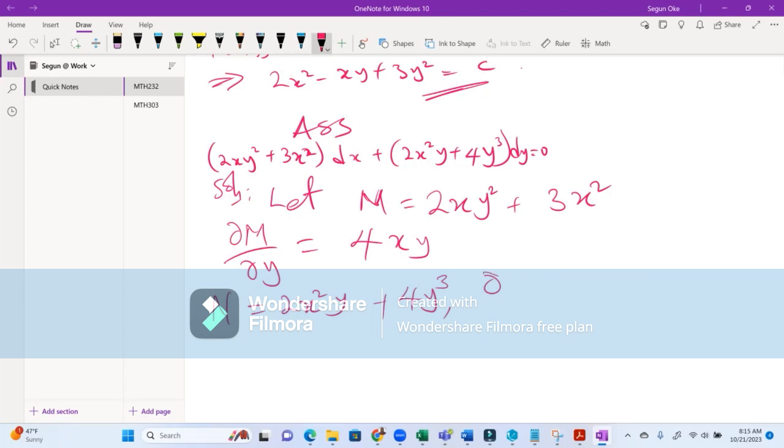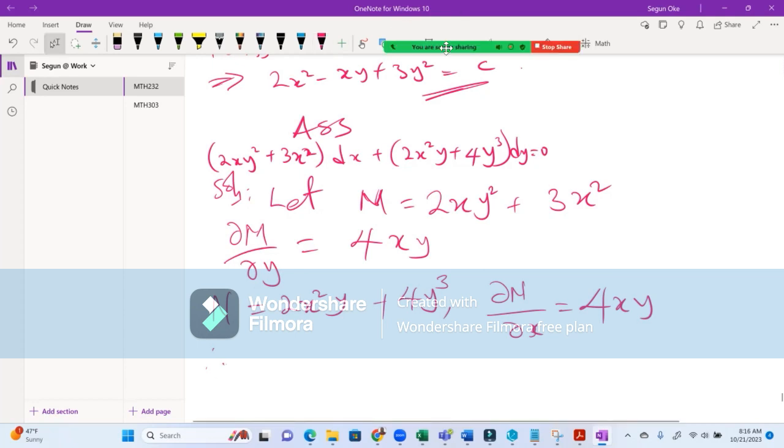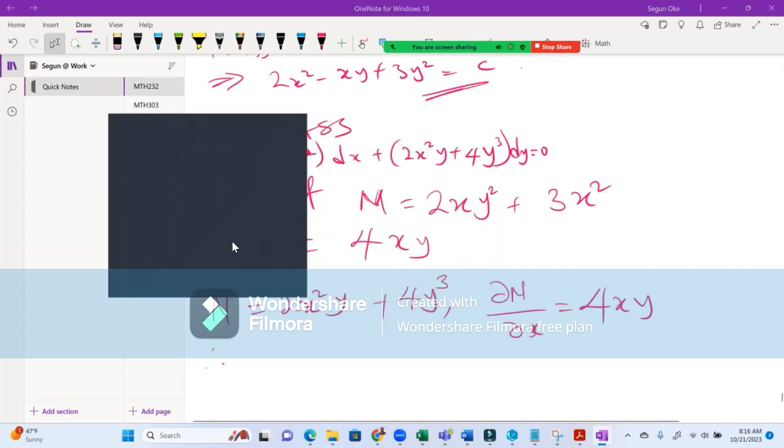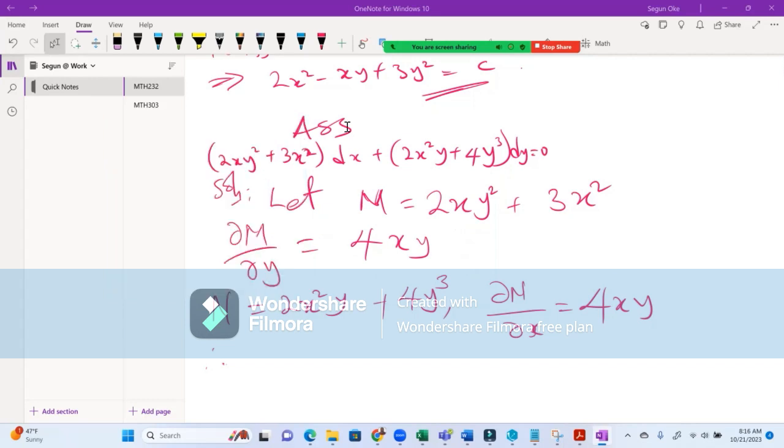And this one will be dN/dx. If you differentiate this with respect to x, you have 4xy. Therefore, at this point, what do we say? The solution is an exact differential equation. So it is easier for us to do that.